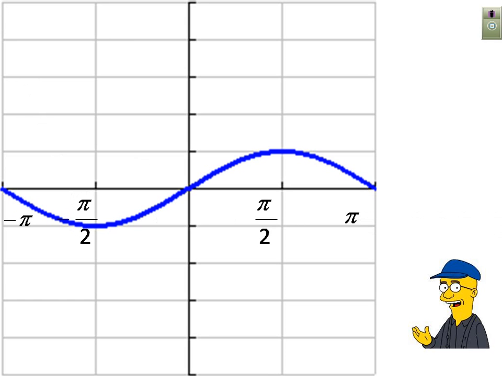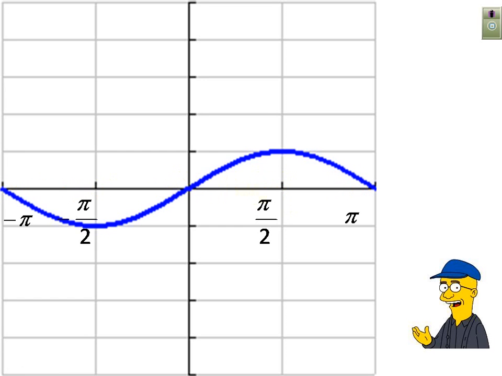Now, first of all, looking at the graph of sine between -pi and pi, I've scaled the horizontal axis to be pi over 2. So, for example, from 0 to pi over 2, I've made a little division here, and then from pi over 2 to pi. And likewise, going back the other way, you see the scale is pi over 2, -pi over 2, and then -pi.